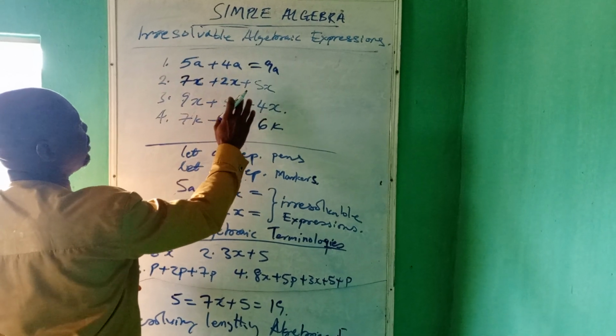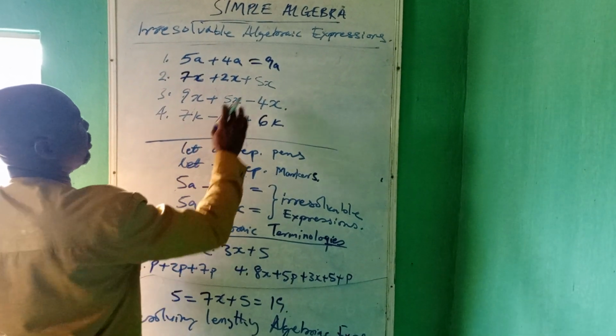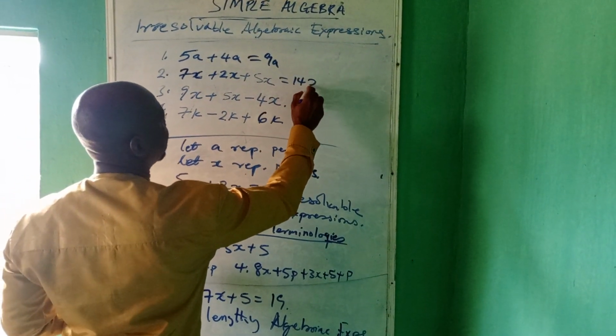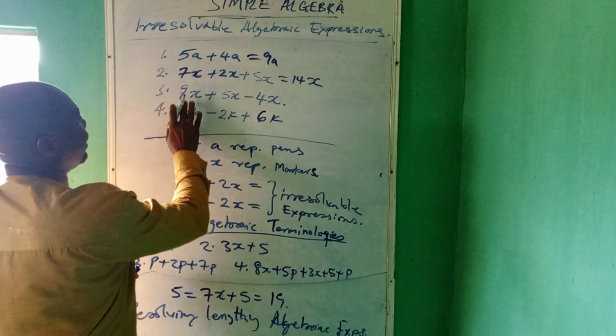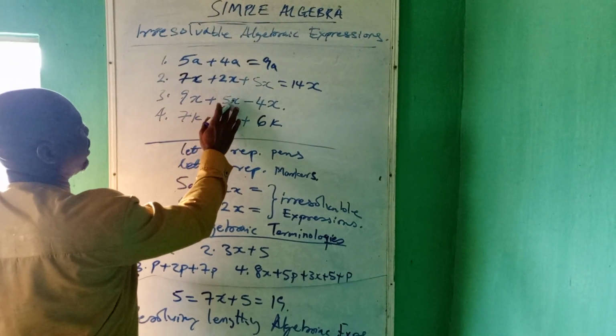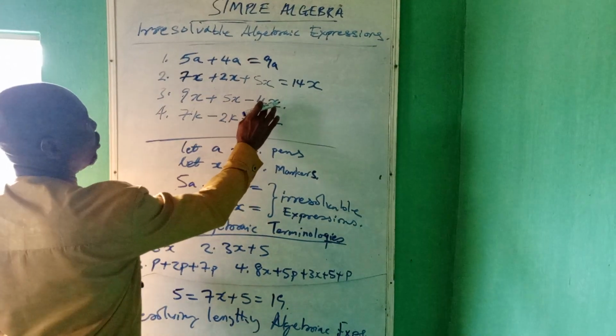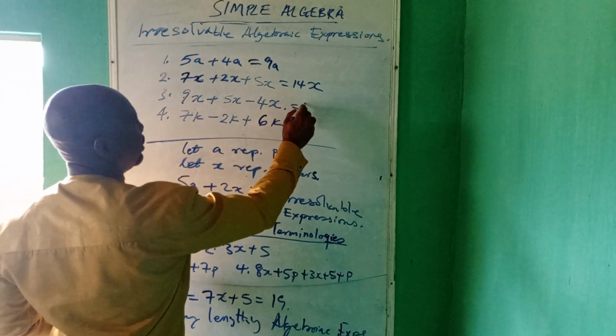7x plus 2x is 9x, plus 5x is what? 14x. 9x plus 5x is 14x, minus 4x is 10x.